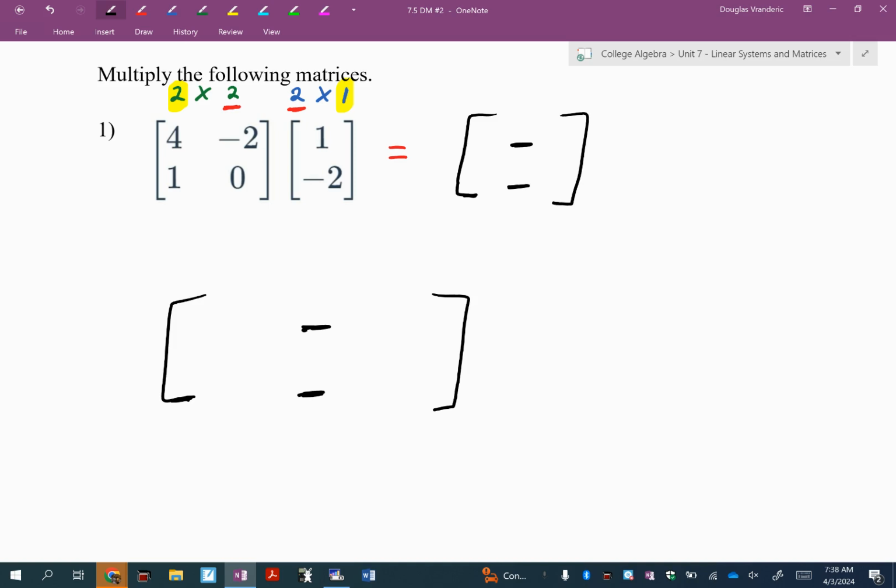I want you to draw an arrow, a horizontal arrow, across the rows of this first matrix. So draw an arrow on top of the first matrix going left to right. So I want your brain to be thinking, when you draw that, rows, right? Rows. Then take your pen or pencil and draw a line going up and down in front of the second one.